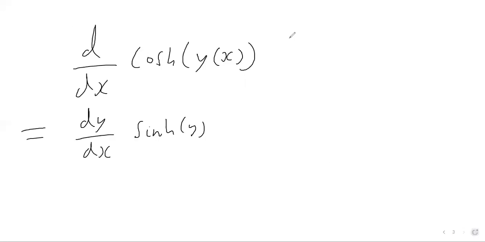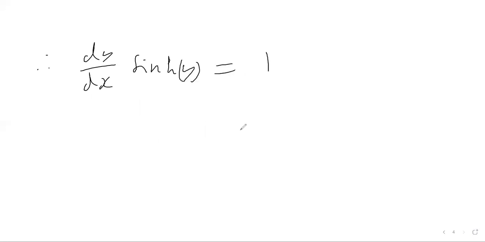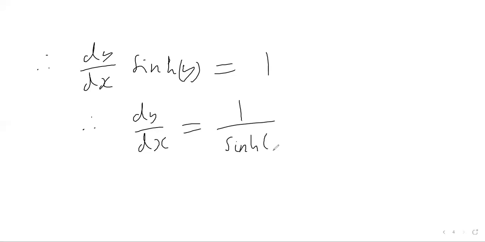Let's write that on the next page then. Therefore, dy by dx times sinh y equals the number 1, and we can divide both sides by sinh y to get dy by dx equals 1 over sinh of y.